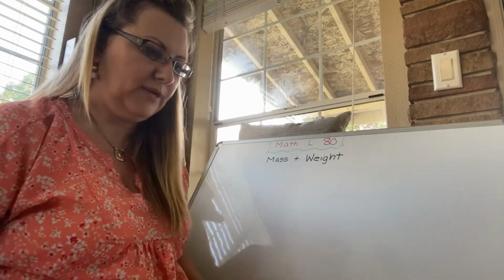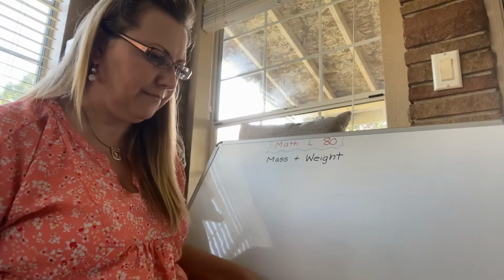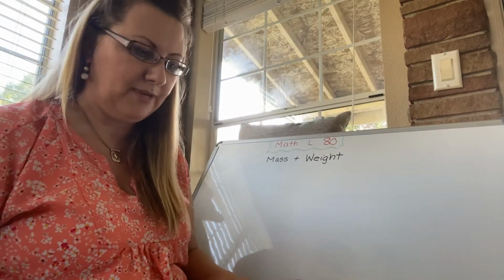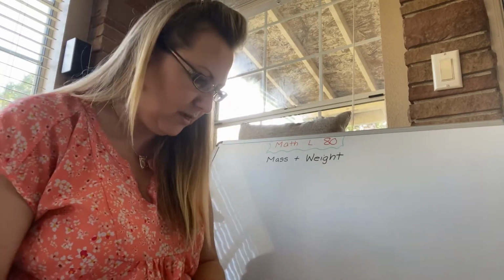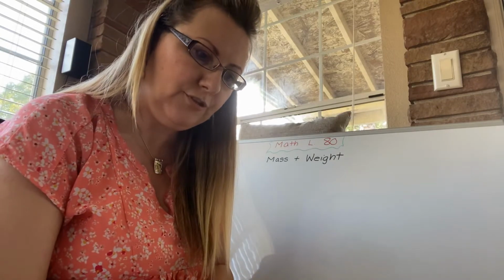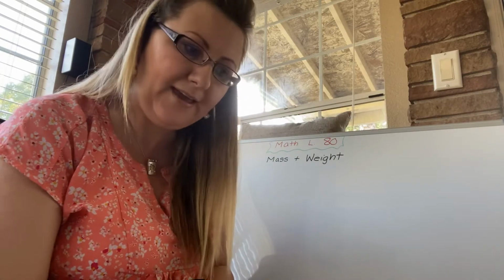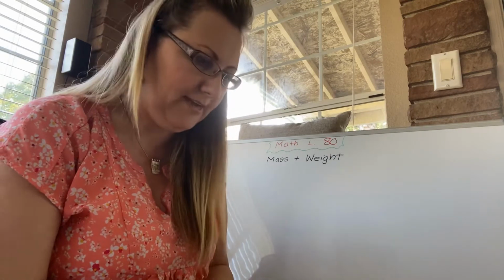We have to think about the U.S. customary scale that we saw on page 532 in the middle of the page, where we found out that 2,000 pounds equals 1 ton.